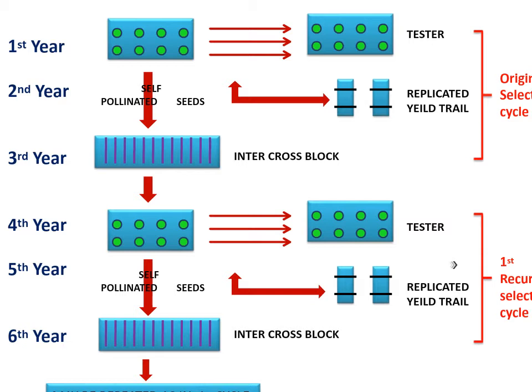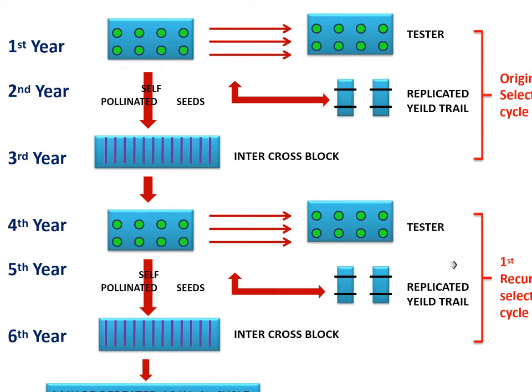This is the process of general combining ability recurrent selection. First year: several plants are selected on the basis of phenotype. Selected plants are self-pollinated and test crossed as male to a number of randomly selected plants from a tester with a broad genetic base. Second year: replicated yield trial is conducted using test cross progeny and superior progeny is identified.